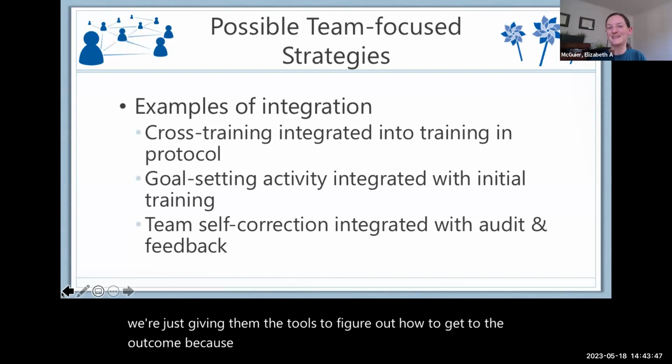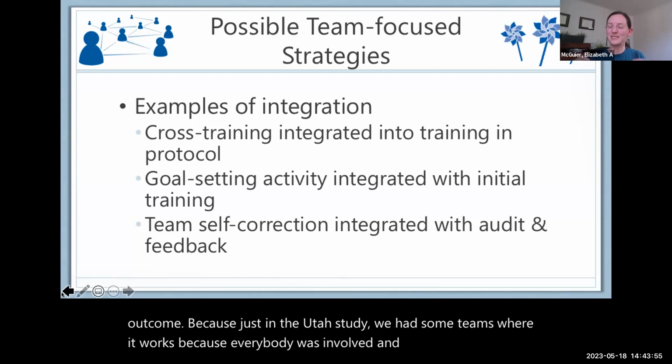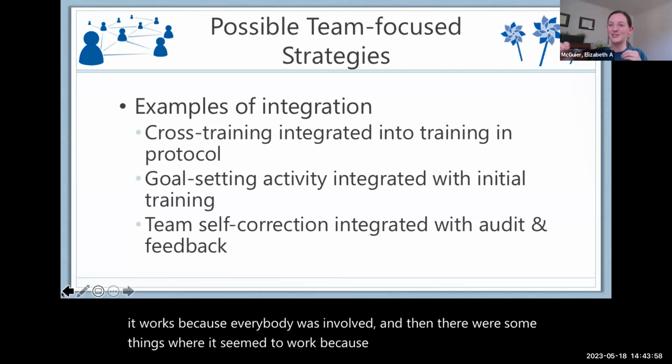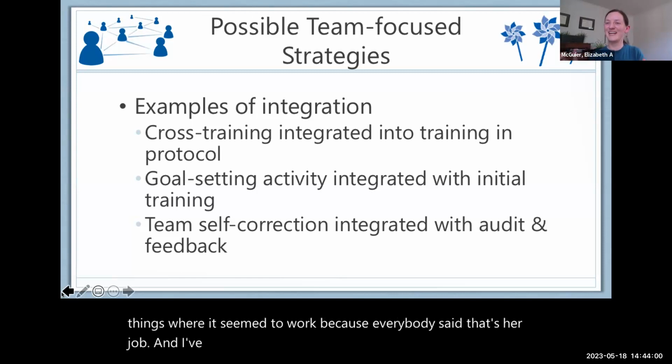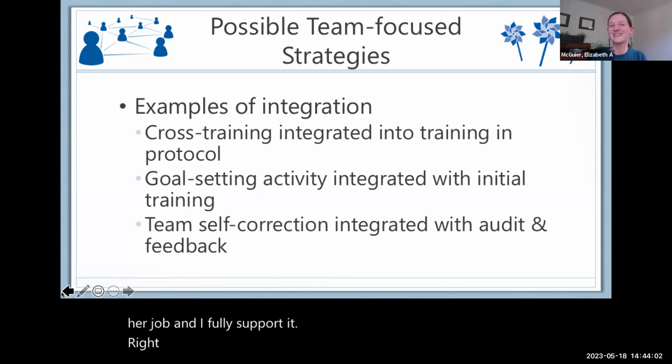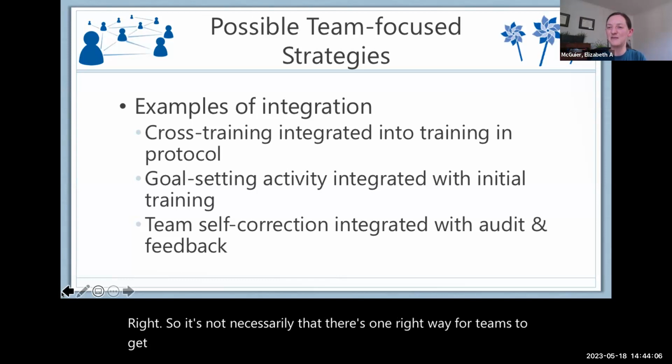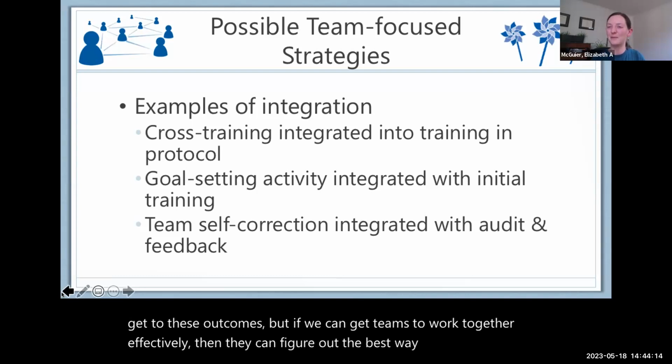Just in the Utah study, we had some teams where it worked because everybody was involved, and some teams where it seemed to work because everybody said, that's her job, and I fully support it. So there's not one right way for teams to get to these outcomes. But if we can get teams to work together effectively, then they can figure out the best way to get to whatever outcome.